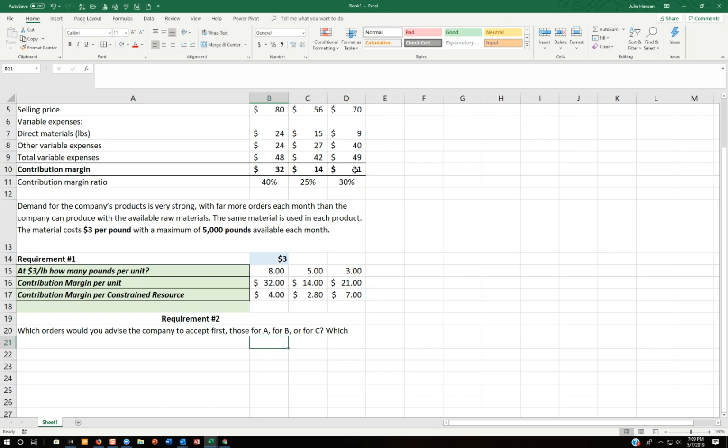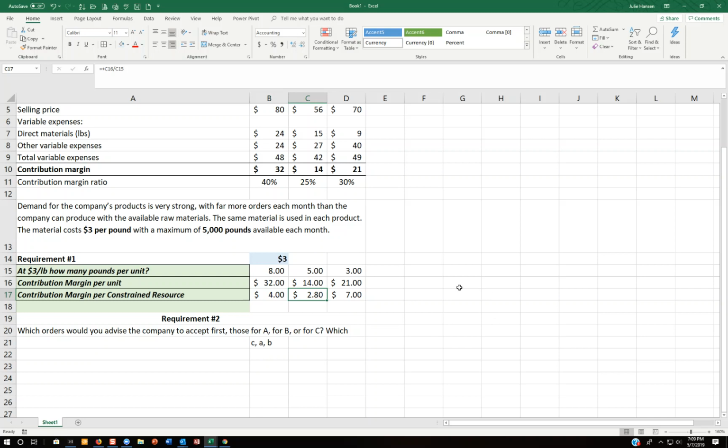So what is the order that I'm going to produce things in first? It's pretty apparent to me that $7 is the highest. So this was A, this is B, this is C. So my order is going to be, first I'm going to do C, then A, and then B, right? Because it's going to go $7, $4, and $2.80.